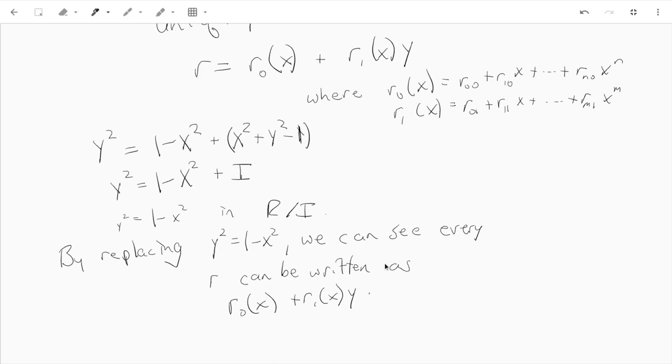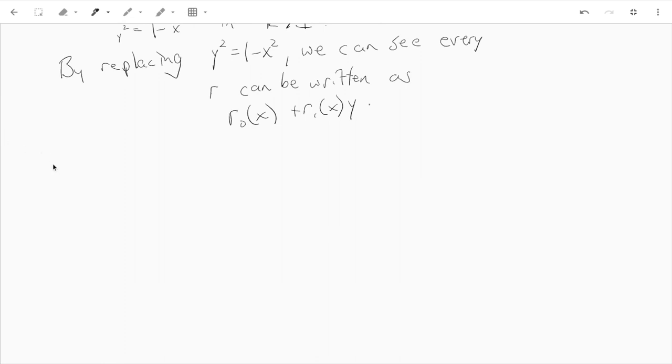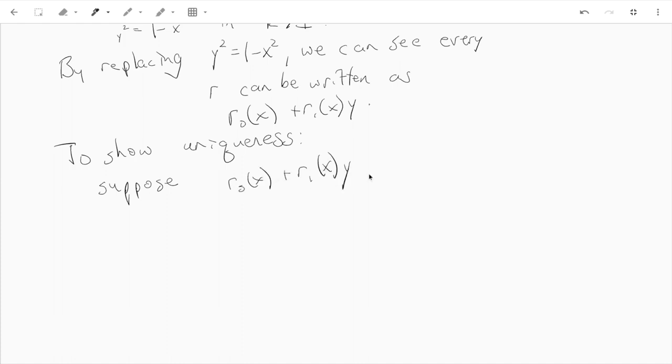And now the question is, can it be written uniquely that way? What this boils down to is that to show uniqueness, we suppose that r0 of x plus r1 of x times y equals 0 in R mod I. In other words, we have to show that r0 and r1 are both 0.